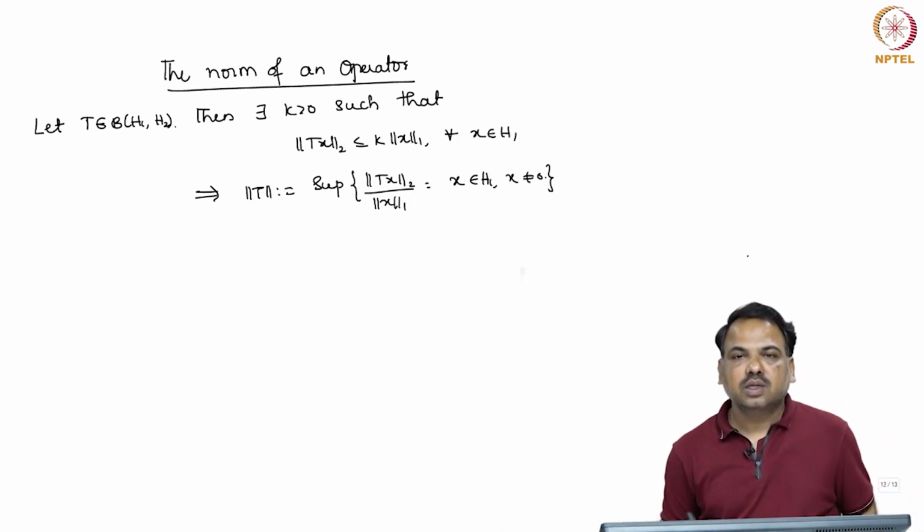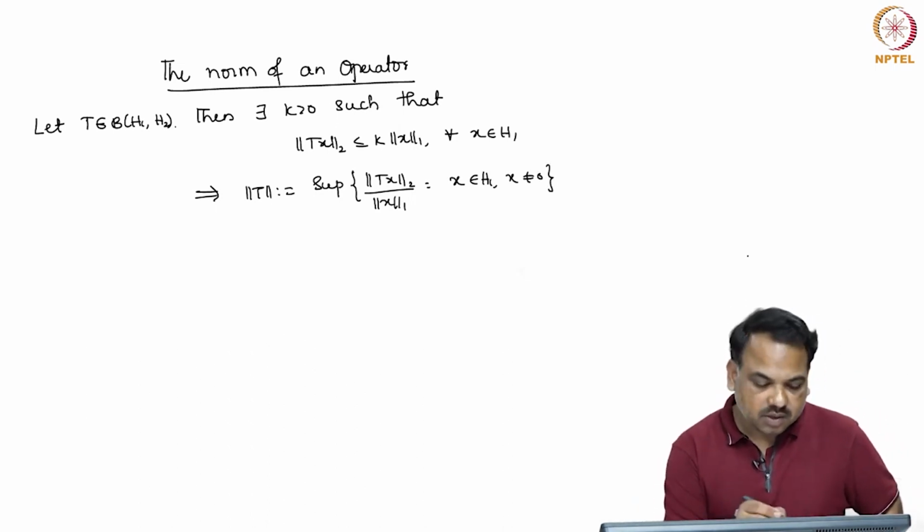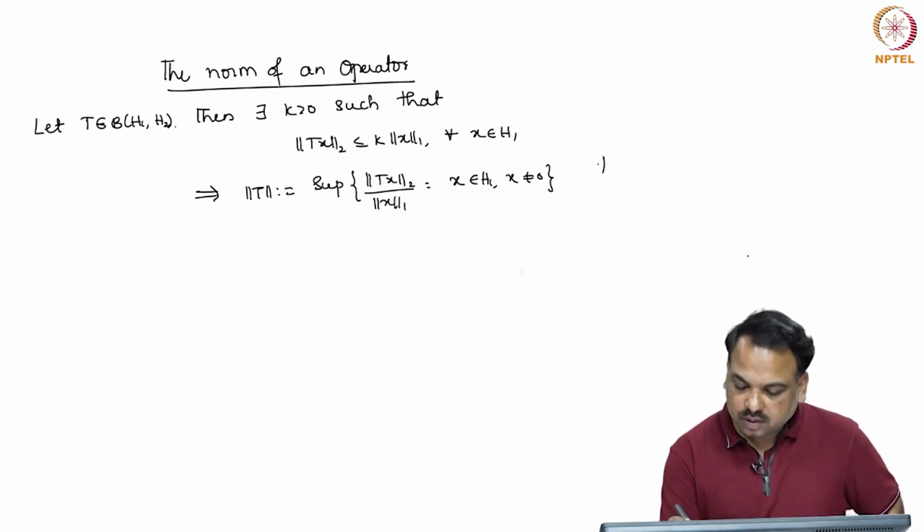This quantity is finite and we call this the norm of the operator, or the operator norm of T.